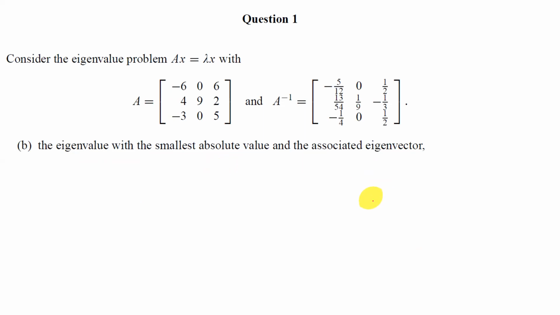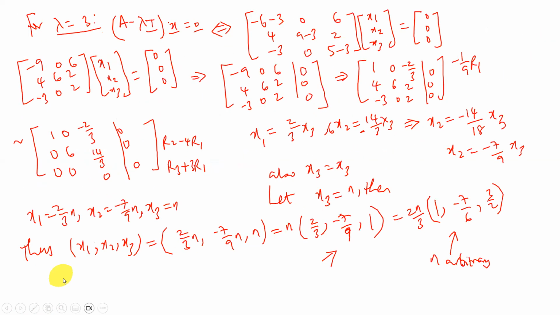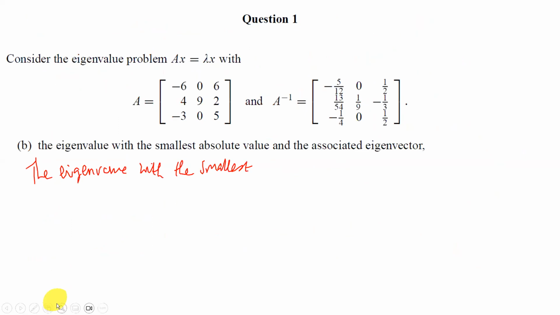So we can just give the answer to this one. We have the eigenvalue with the smallest absolute value, among the given ones. Okay, we're right back.